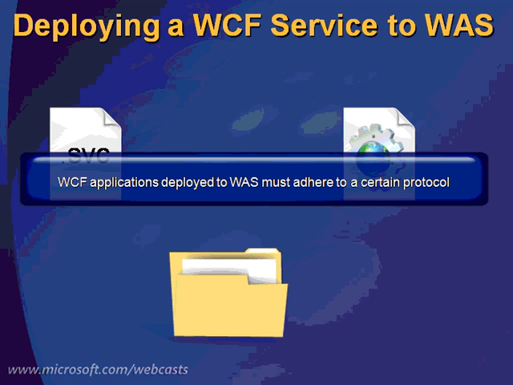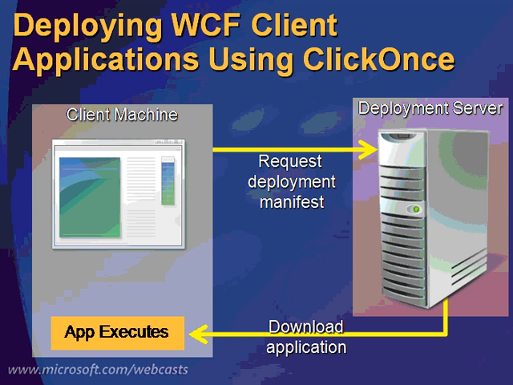But once we've created that, then you can define the implementation of that contract in the service class itself. And so we build that class, and then again we've got our web config file that is going to take all the configuration settings and put them into the appropriate place, which needs to be in the same directory as the service file, and then can be deployed from there. After we have all these files, we can copy them to an IIS virtual directory where Windows Activation Service will look when the request gets processed and handled.